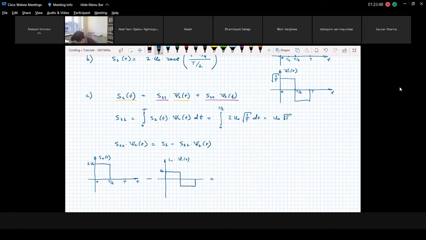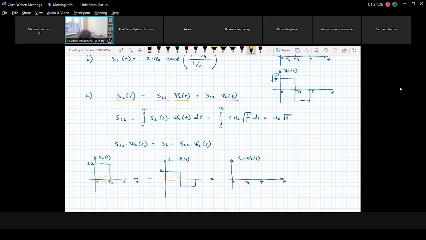We should do it for each region separately in order to avoid any mistakes. So we have the region from 0 to capital T over 2 and from T over 2 to capital T. This is the product S12 times the second basis function. If we consider the first region, the amplitude is constant in this region.